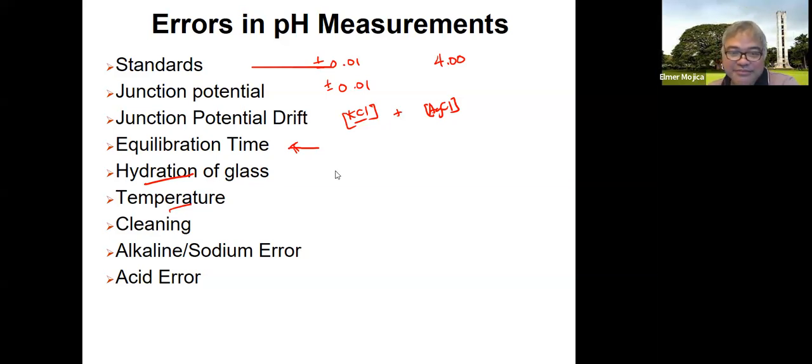Okay, cleaning. How does it affect the pH measurement? So if you clean it, sometimes you add contaminants to it, okay? It causes the reading to drift until it is properly clean or equilibrated with the analyte solution.